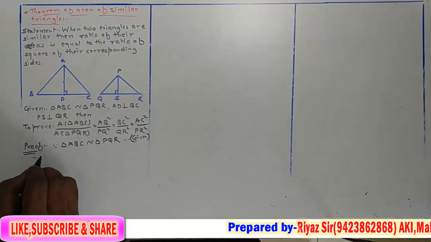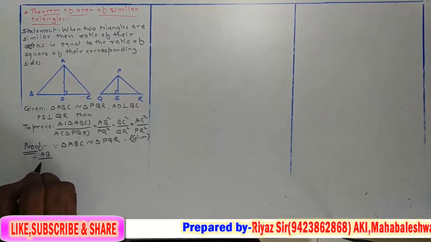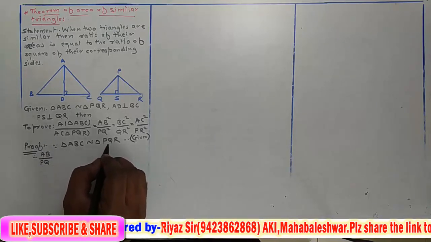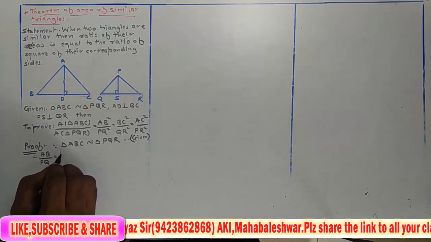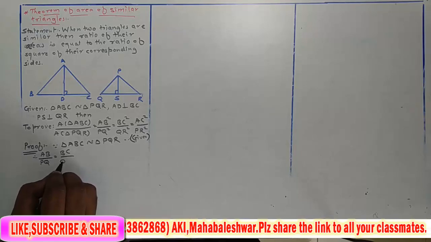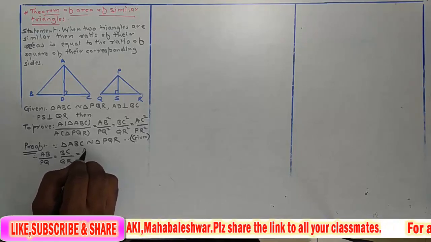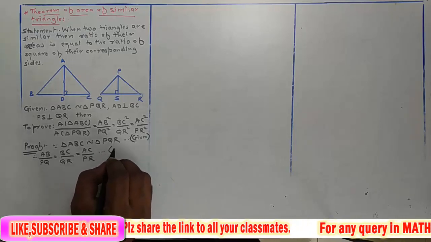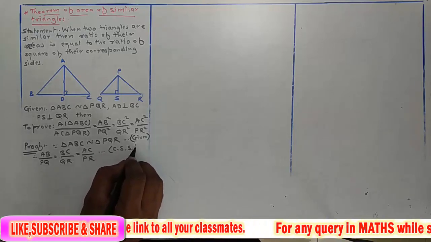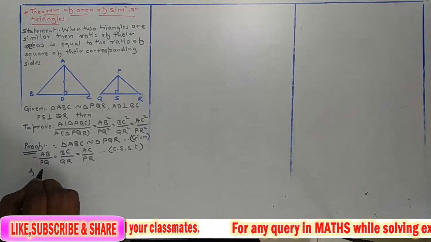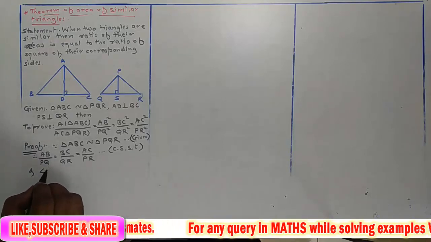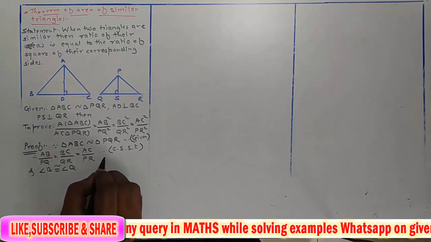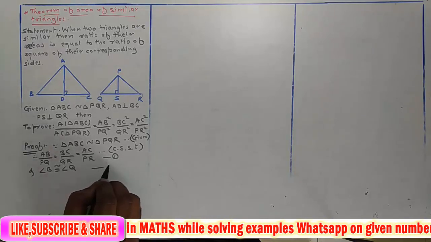And therefore AB upon PQ, here from first two letters AB, from second triangle we take PQ, is equal to BC upon QR is equal to AC upon PR. Okay, this we write here, corresponding sides of similar triangles, and angles are congruent. So angle B is congruent to angle Q. Say this is equation number 1. This is equation number 2.